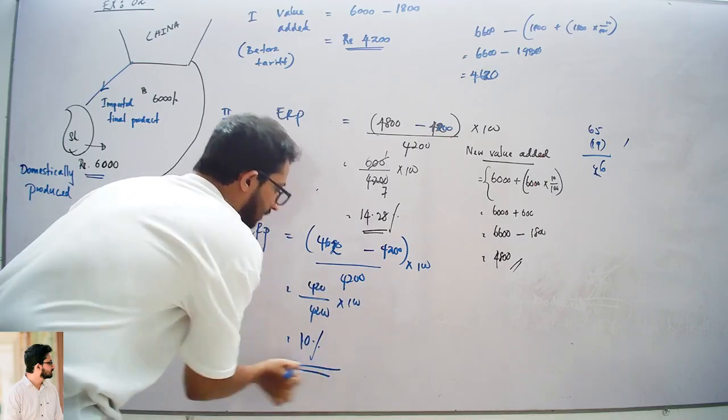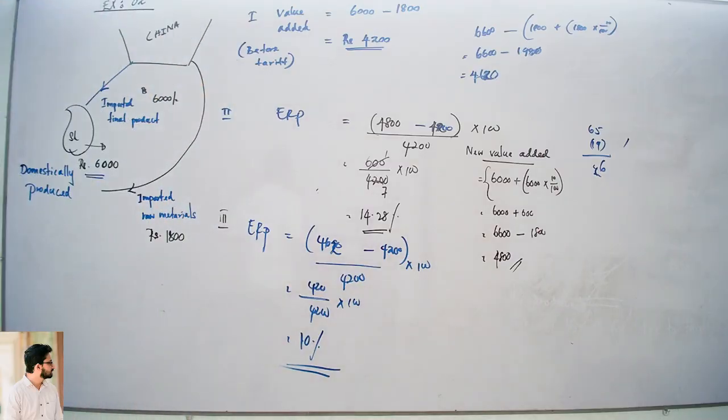Very good. Then put the actual rate of protection is 10%. Nominal rate of protection is the tariff rate imposed by the government on imported product. That is the nominal rate.